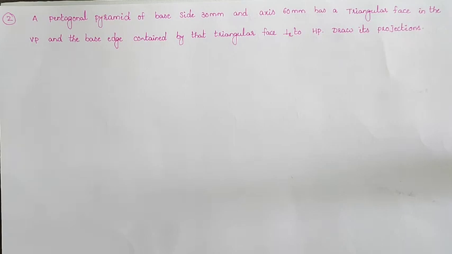When the pyramid triangle face is in the VP, how are we assuming? In the initial stage, how are we assuming? I have already discussed it. By following that assumption in the initial stage, we will draw the top view and front view of our diagram. So how we are assuming here when the triangle face is in the VP condition, so we can draw the projections. How will we draw the projections here?